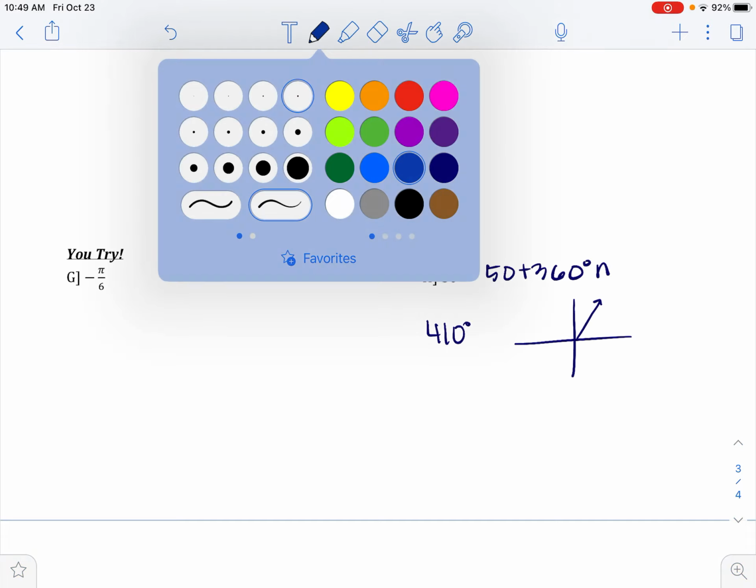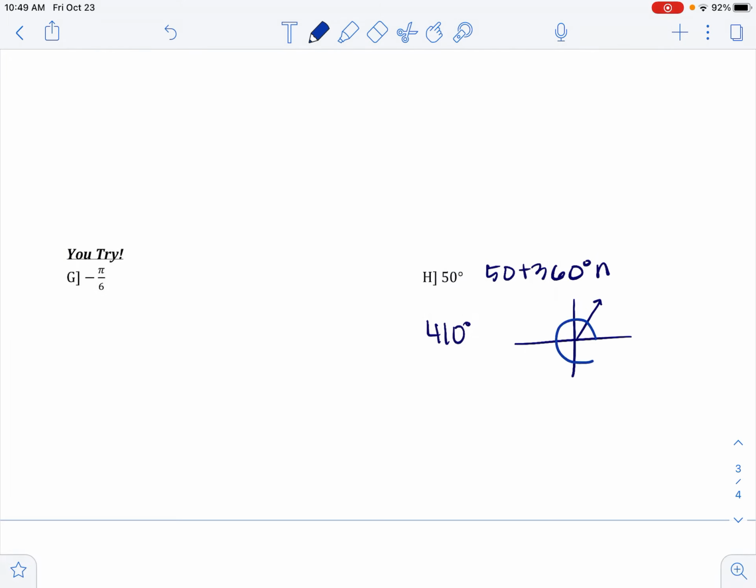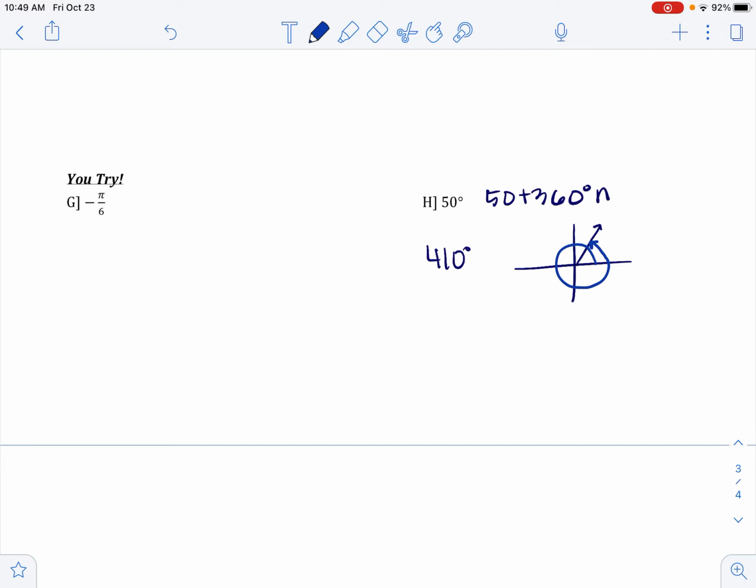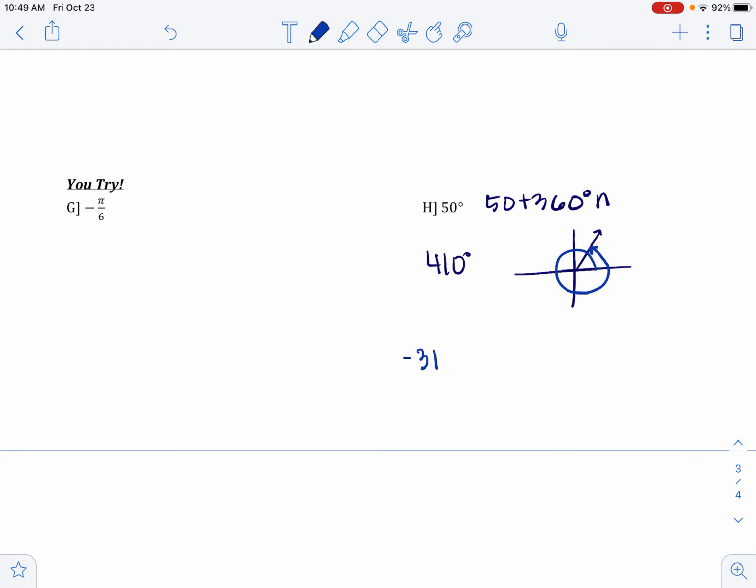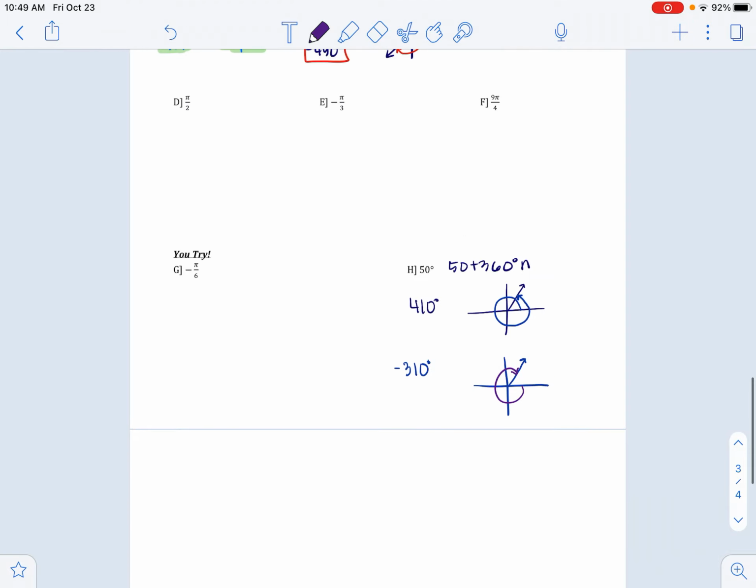To show 410, go from the positive x-axis, a full 360, and then stop at the terminal side. If I want a negative angle, 50 minus 360 is negative 310 degrees. It's going to end in the same spot. I start at the positive x-axis and go in the opposite direction.